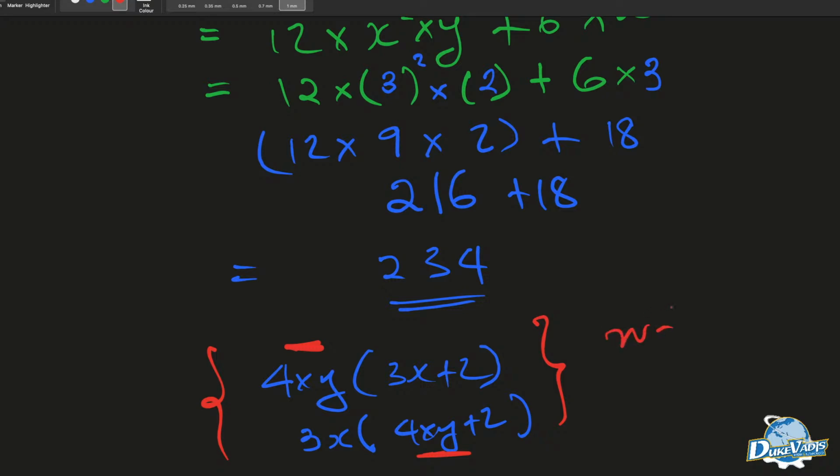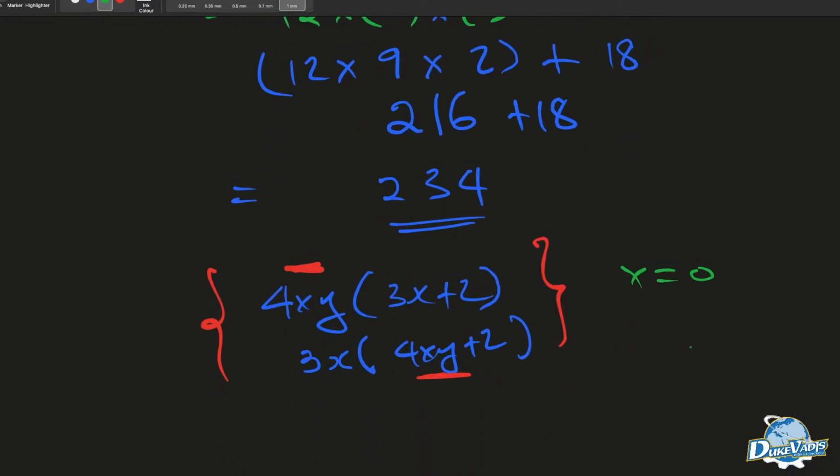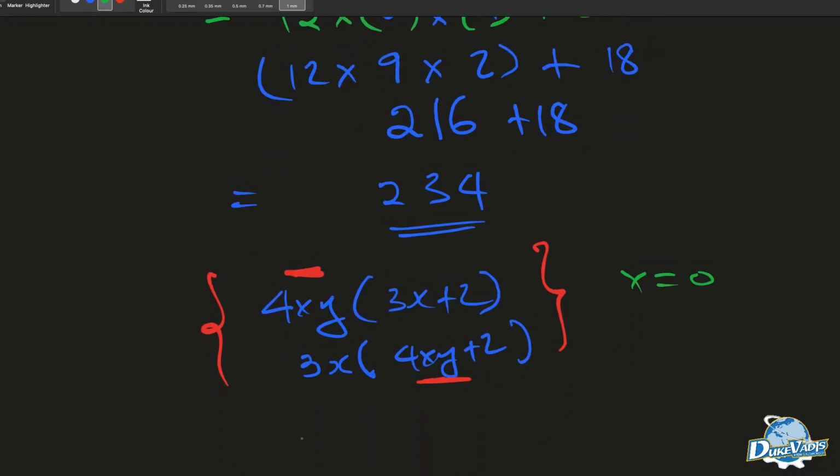So let's assume that the value for x is 0 to test. So when x is 0, when we put 0 in the first equation, we're going to get 4 times 0 times y into bracket 3 times 0 plus 2.